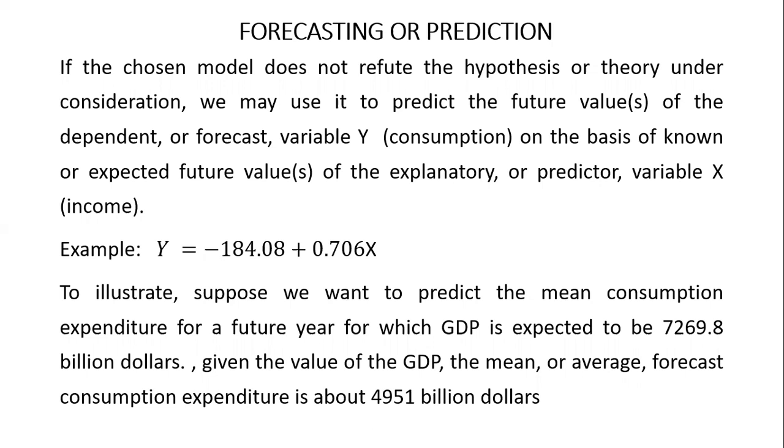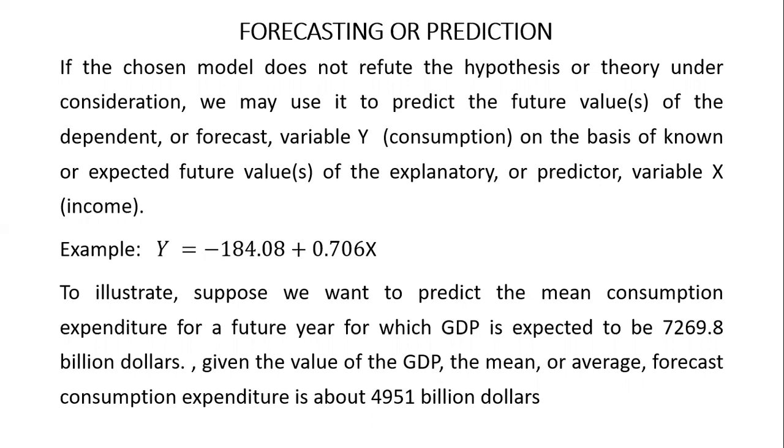Here, in our example, the future value of consumption, which is our dependent variable, or what's known as the forecast variable, y, on the basis of the known or expected future value of the explanatory variable, which is also known as the predictor variable. In this case, our income.